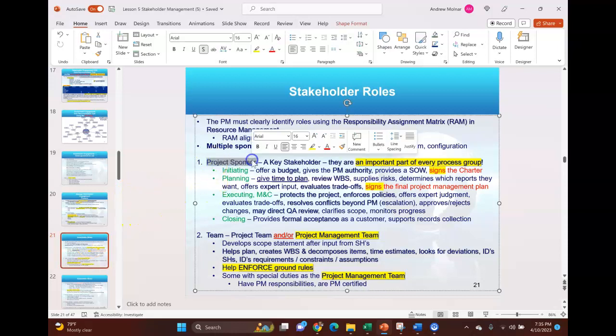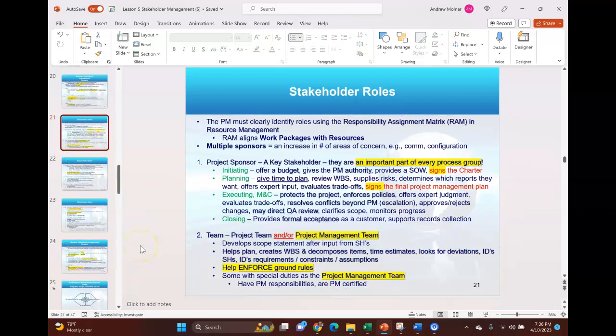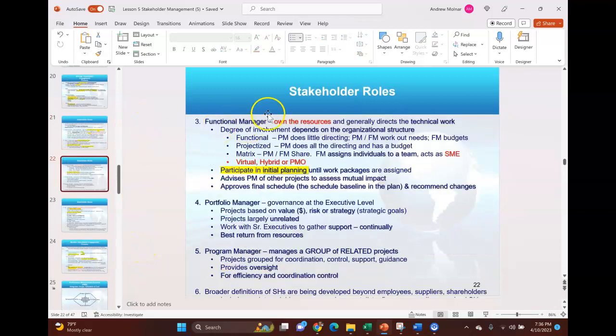One is your project sponsor, and the project sponsor is involved in every part of the project. You run the project. You're responsible, but they're involved all along. Kind of neat. And they frankly own your budget. There's the team as stakeholders. They do a lot for you as well. Functional managers are also stakeholders.